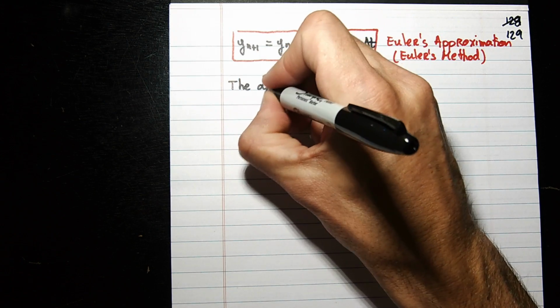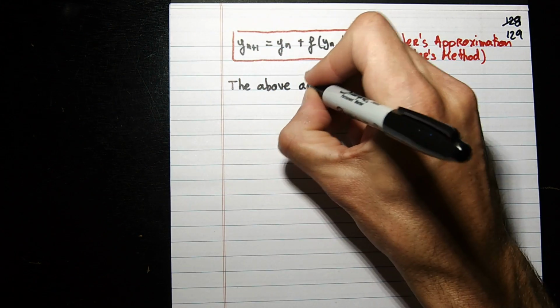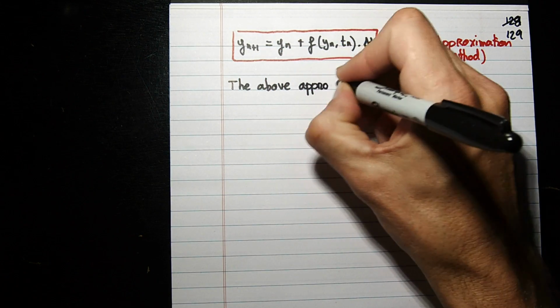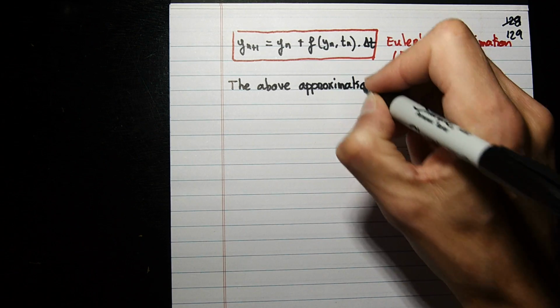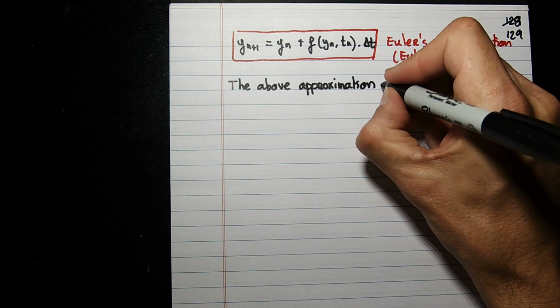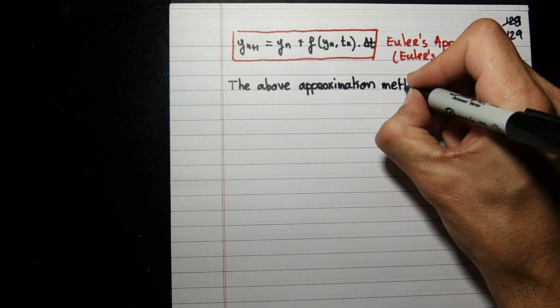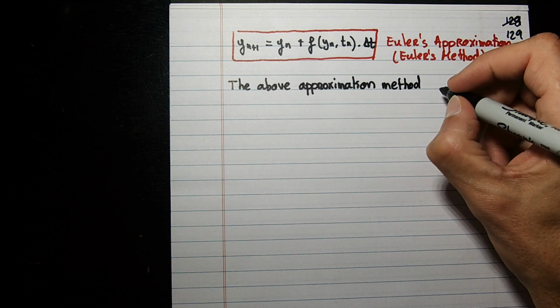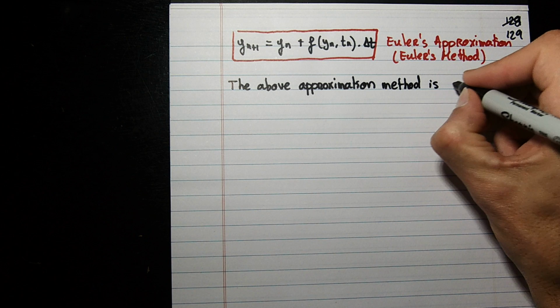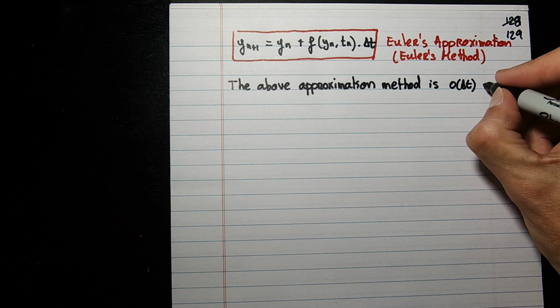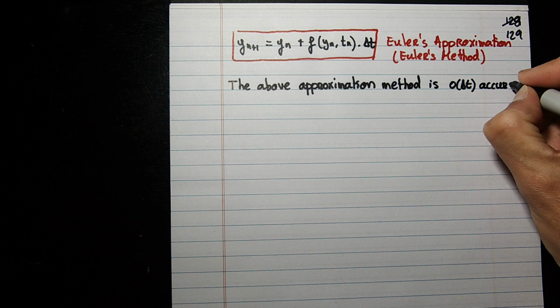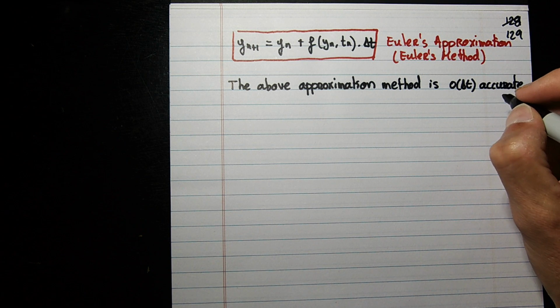All right, so we can say the above approximation method is delta t order accurate. So that means first order accurate.